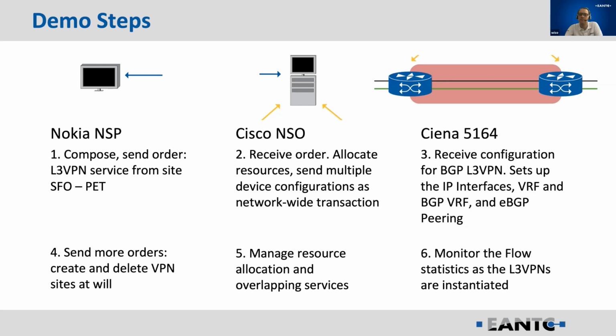And then we'll see on the Ciena devices how those device configuration orders are received, and the BGP L3VPN is set up on interfaces, VRFs and BGP, and eBGP peering, and so on. And after this flow has been done once, we will be sending more service orders from NSP, creating and deleting networks at will. So we will see how we can both add and remove networks.